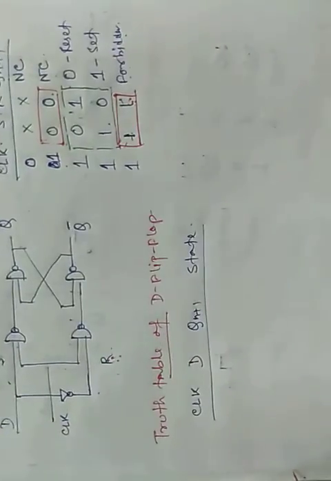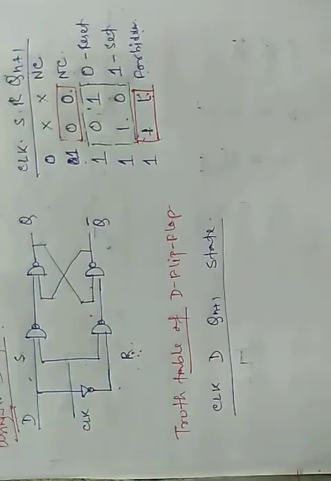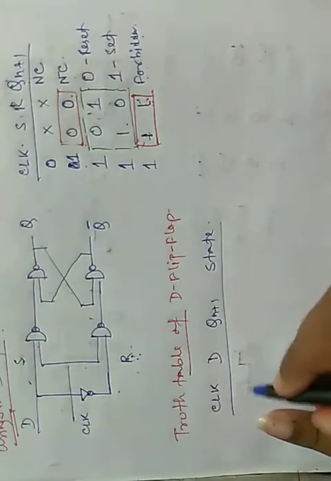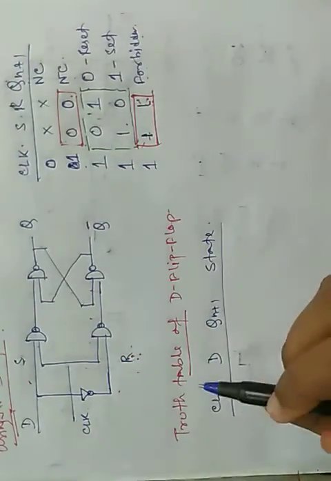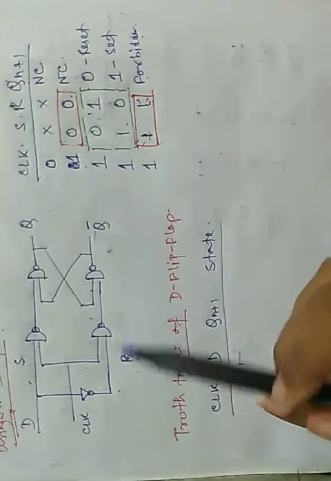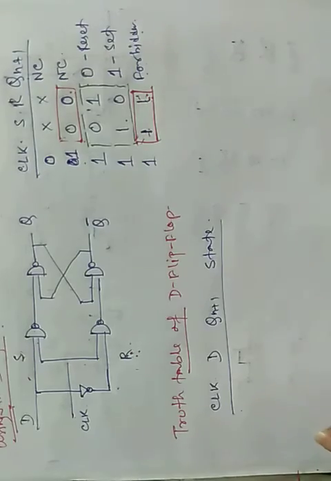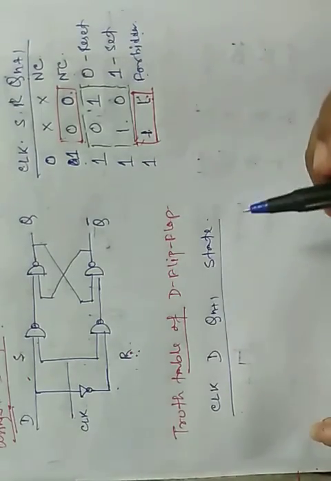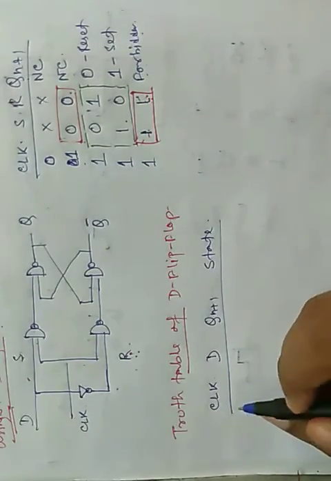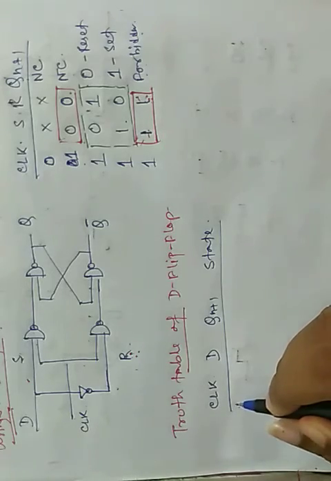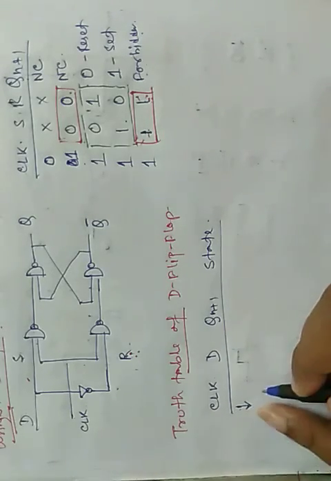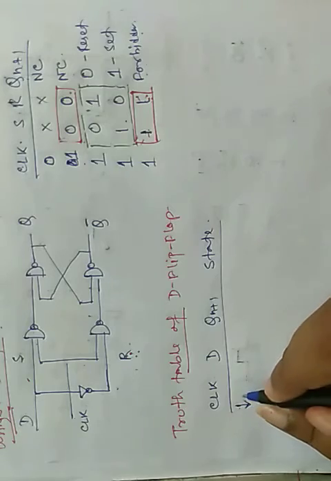Now let us see. As the flip-flop works in edge triggering, let us consider that the flip-flop works in positive edge triggering. Positive edge triggering means when the clock goes from 0 to 1. Negative edge triggering means the down arrow.